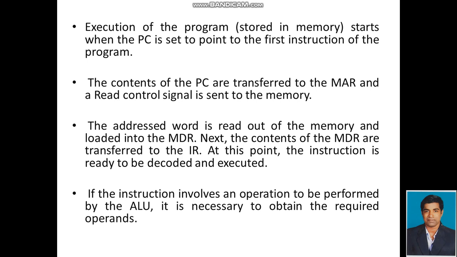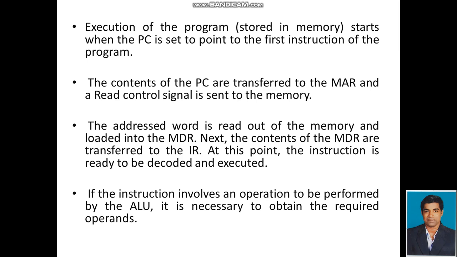The contents of the PC are transferred to the MAR, and a read control signal is sent to the memory. The addressed word is read out of the memory and loaded into the MDR. Next, the contents of the MDR are transferred to the IR. At this point, the instruction is ready to be decoded and executed.